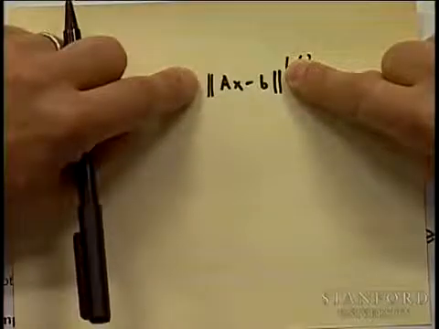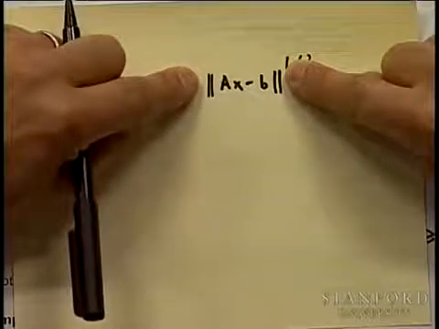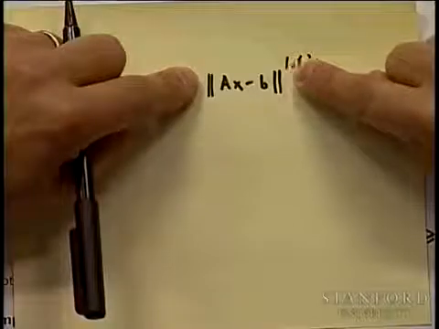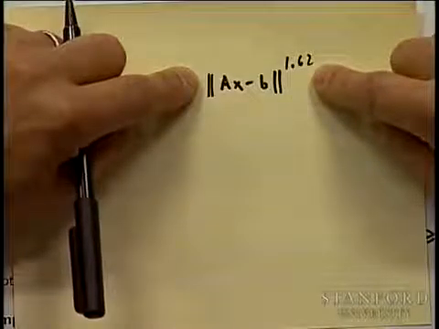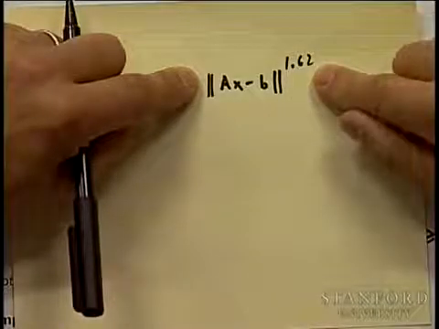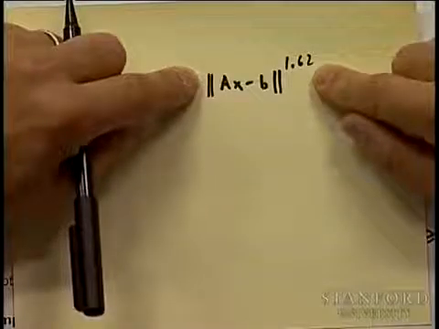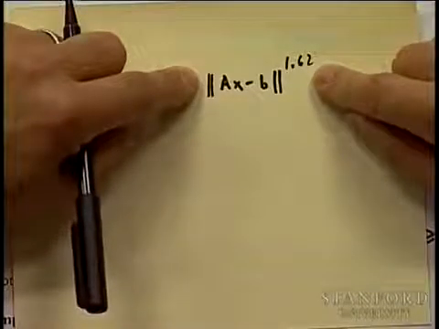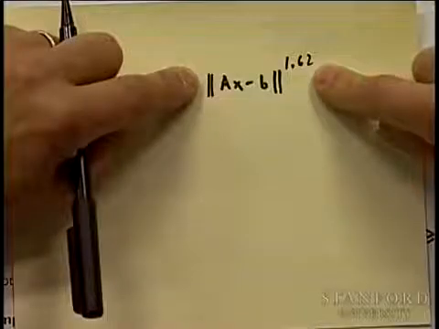Okay. Now what we want to do is say something like, well, this is a convex function to the 1.62 power. And I'd like to just say a convex function to the 1.62 power is convex. That's sort of true, but sort of not true. You have to be very careful now. All right.